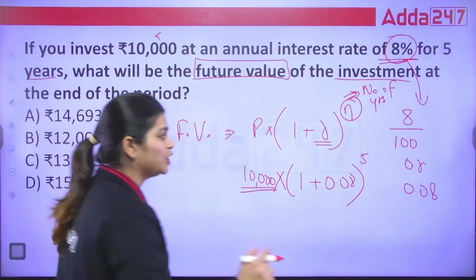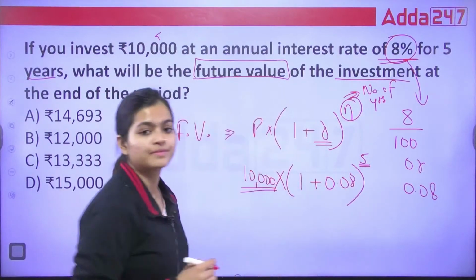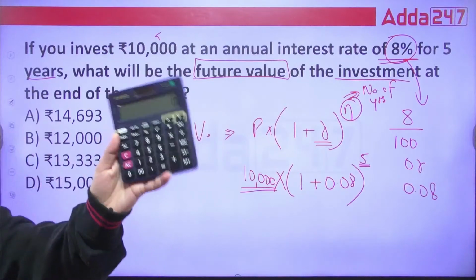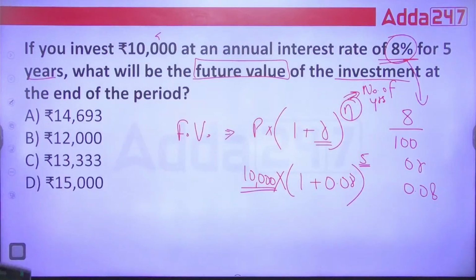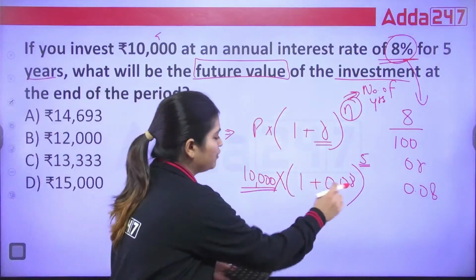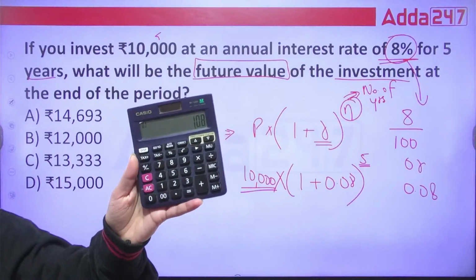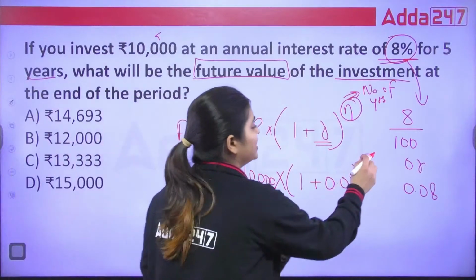Do you know how to solve this power value? If not, then please watch how I'm solving this. You need to use your calculator. In bracket, what is given? 1.08. Please type 1.08 in your calculator. And as you can see, the power is 5.